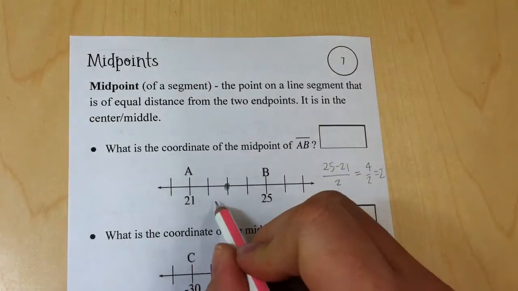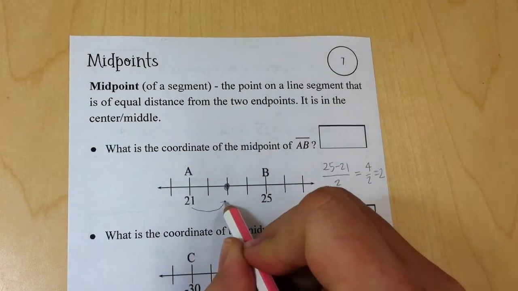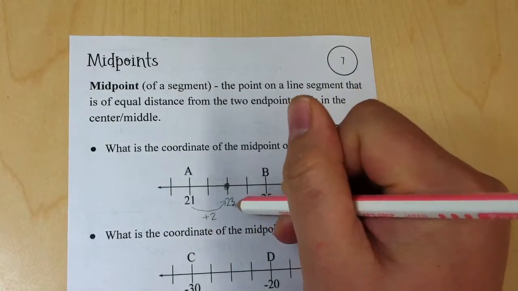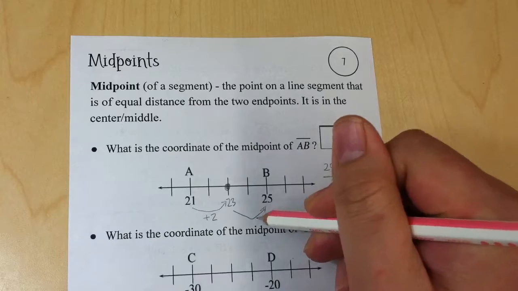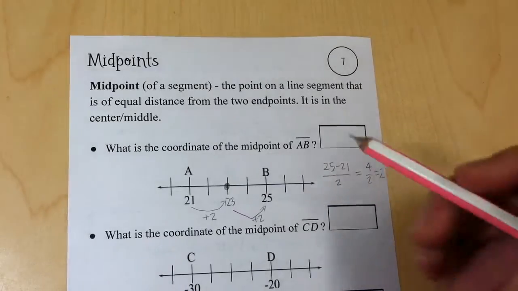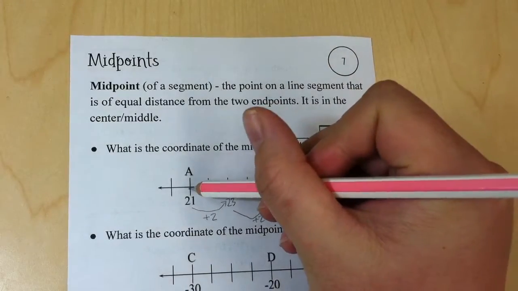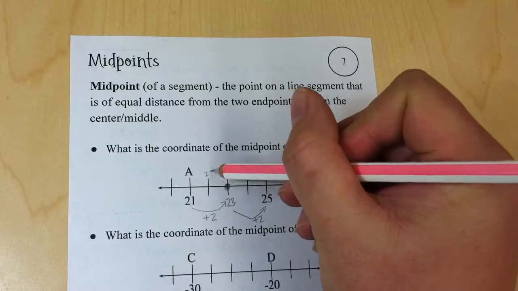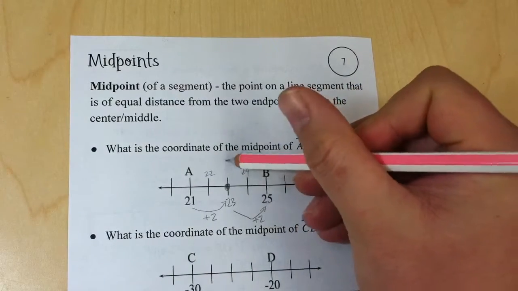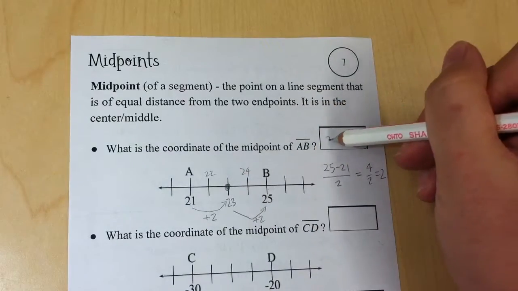So that means I must do 21 plus 2, and I will have 23. 23 plus 2 will give me 25. Another way to do this is just to know 21, 22, 23, 24, 25. 23 is in the center, so 23 is the answer.